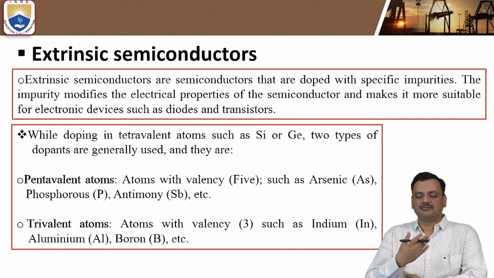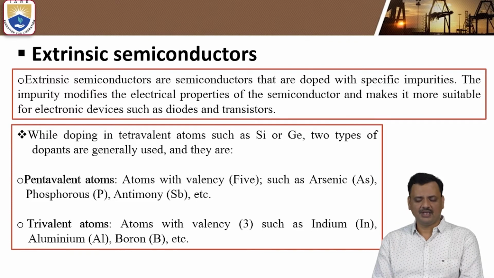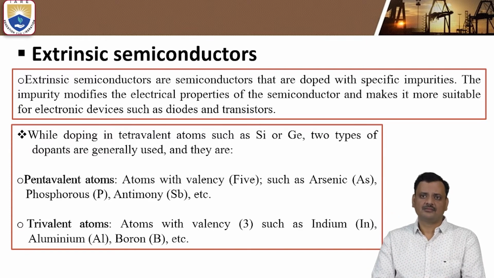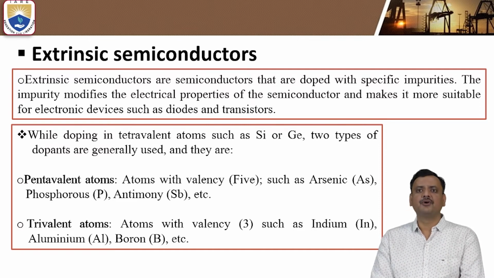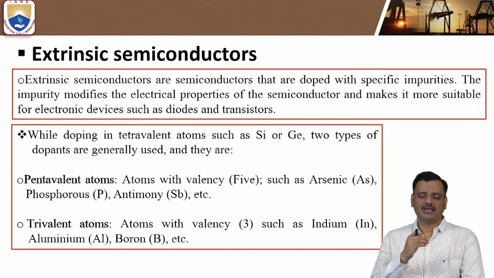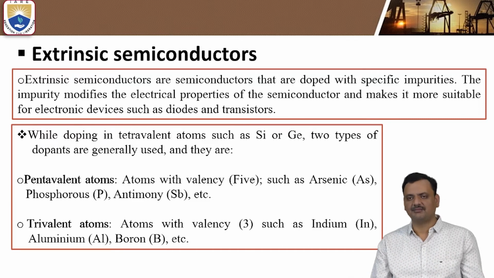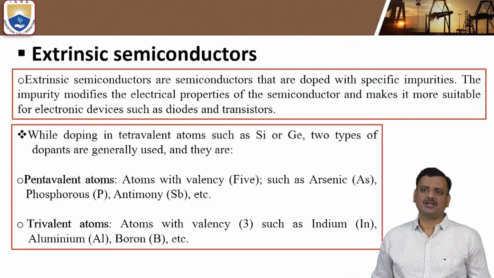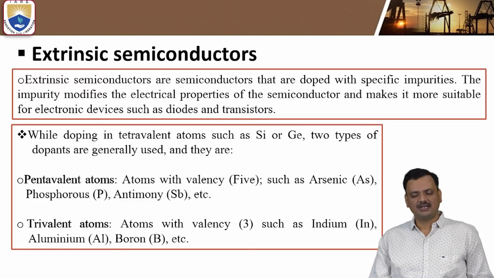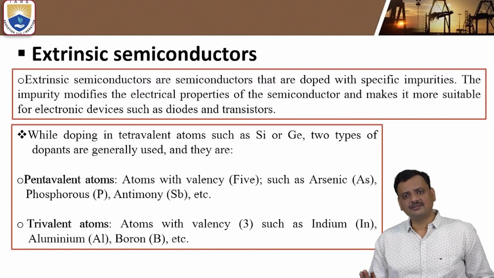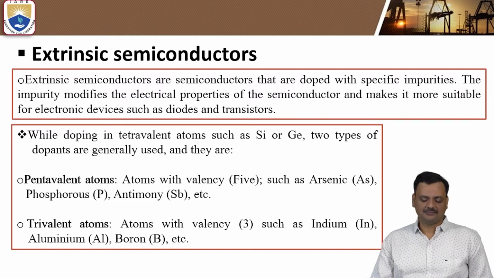When we want more conductivity in an intrinsic semiconductor, what do we require? We require some doping, some impurity which will be added in the intrinsic semiconductor, and that impurity will improve the conductivity property of the intrinsic semiconductor. Okay.